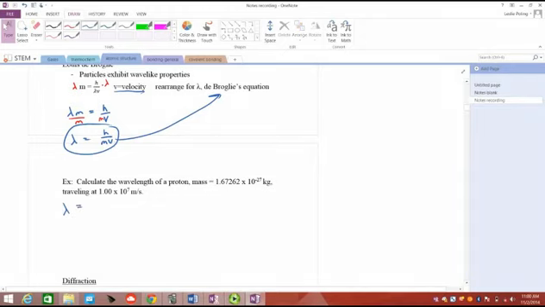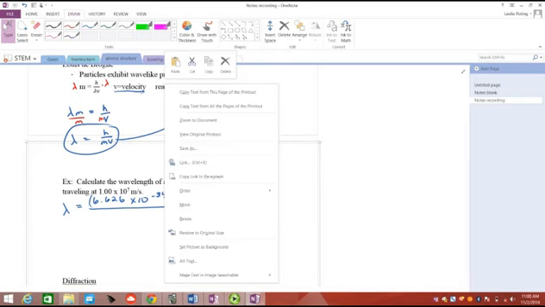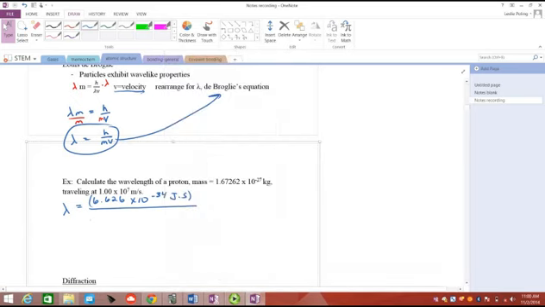So wavelength is Planck's constant, 6.626 times 10 to the minus 34 joules times seconds, divided by the mass, 1.6726 times 10 to the minus 27.